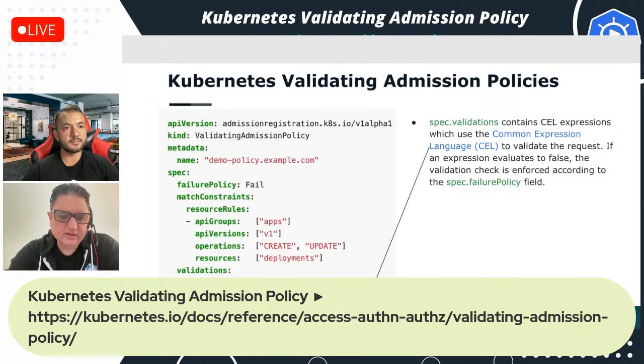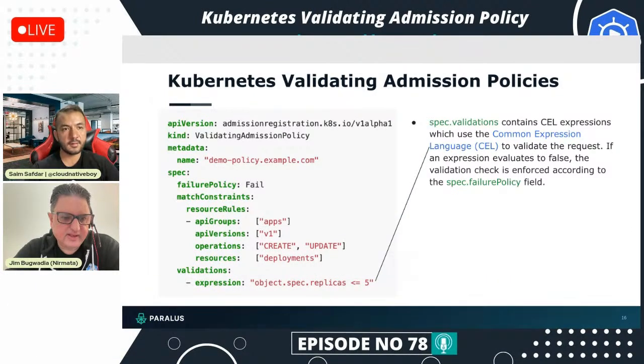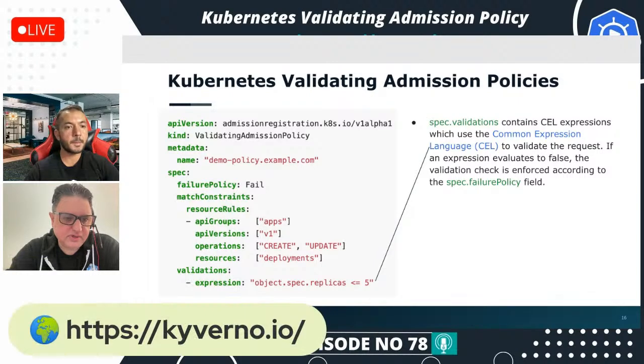Now with validating admission policies, you would have to write two separate policies, but with Kyverno 1.11, the plan is if you're using Kyverno to manage validating admission policies, Kyverno will automate that for you, so you don't have to worry about these types of hierarchy and things like that. Kyverno will automatically create and manage validating admission policies internally itself.